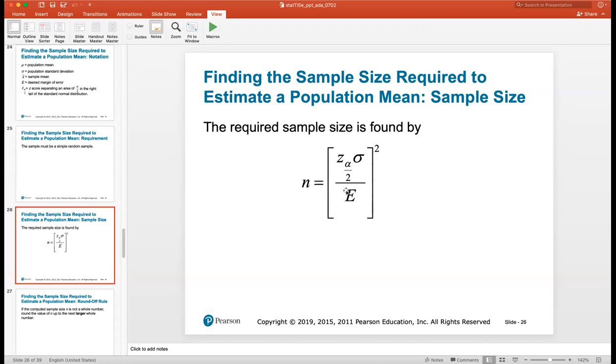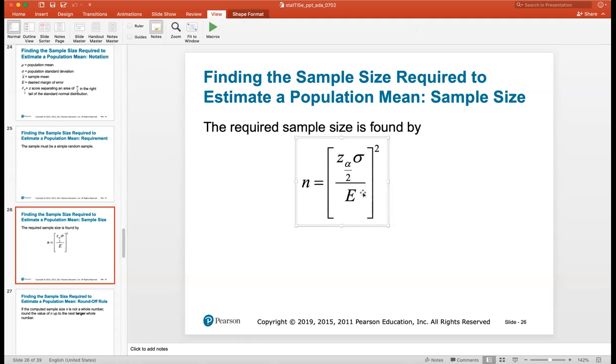And what's interesting is that we use the z score, not the t score anymore, because the problems definitely give you the population standard deviation, sigma right there.